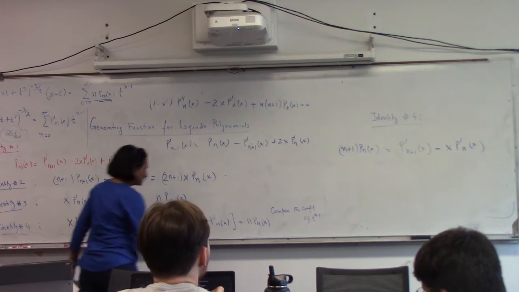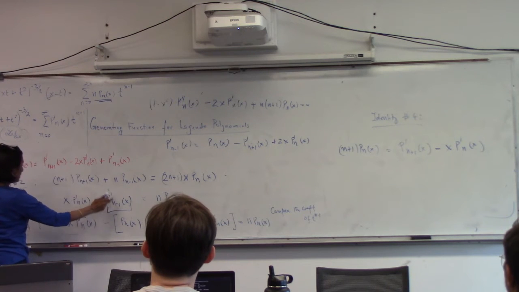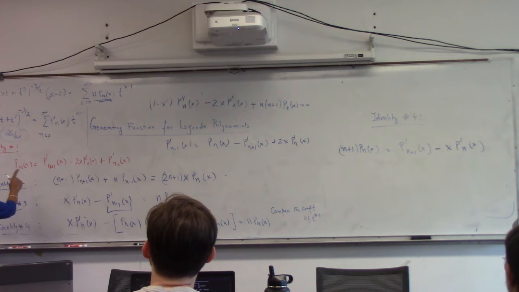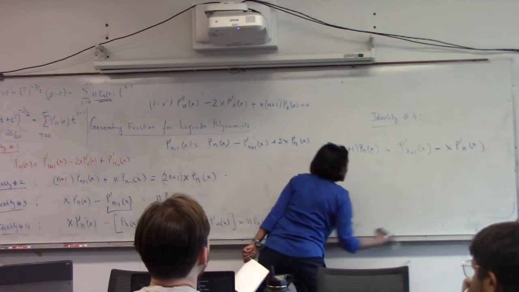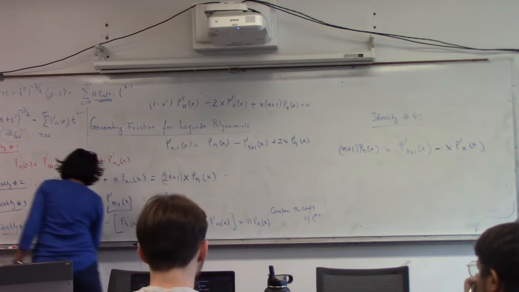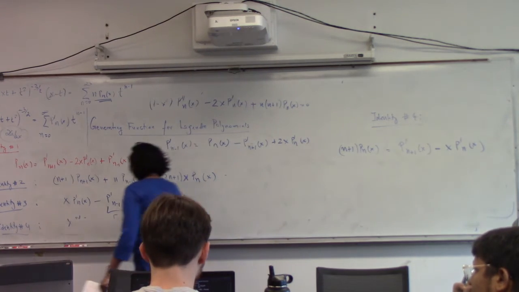So my fourth identity is obtained by substituting for p prime nx from identity number 1, and I've generated one more expression connecting pn's and p prime n's. Okay, so I'm just going to write down that. That's all I need.